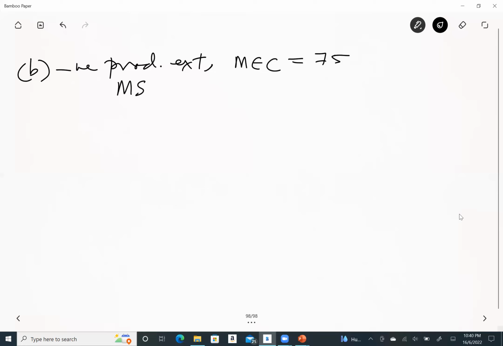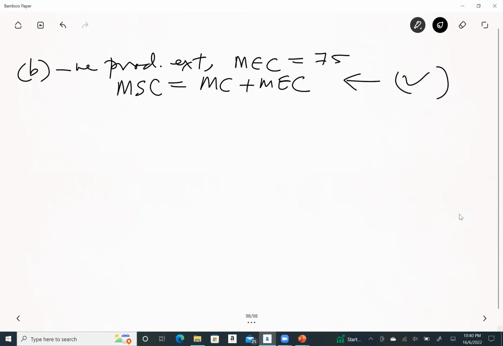Now you have a negative production externality, so the MEC, marginal external cost, is equal to 75. When you have a negative production externality, you define the marginal social cost equal to MC plus MEC. So this is the new function.